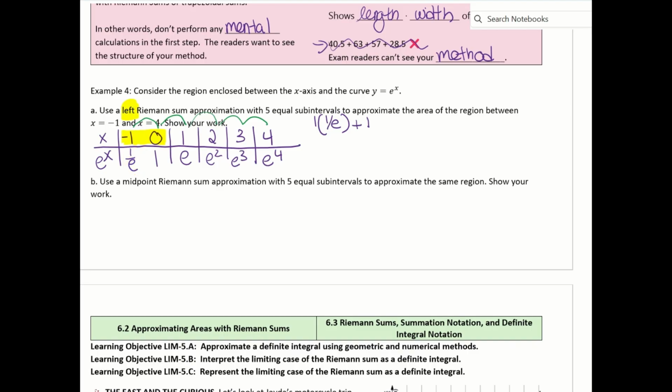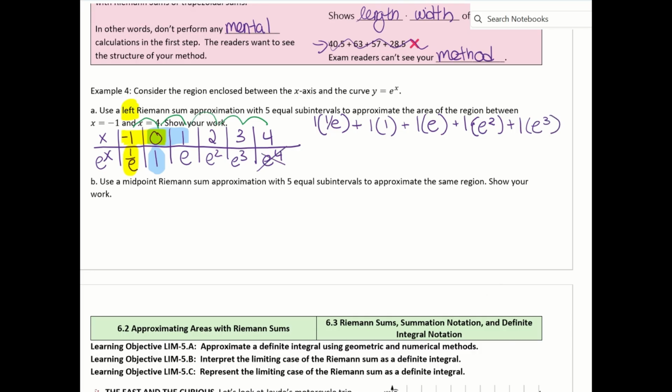And then for this next rectangle, let me use a different color. Between 0 and 1, we're doing left, so its height is going to be 1. So 1 times 1, plus 1 times e, plus 1 times e squared, plus 1 times e cubed. So you might be saying, well, are we ignoring e to the 4th?